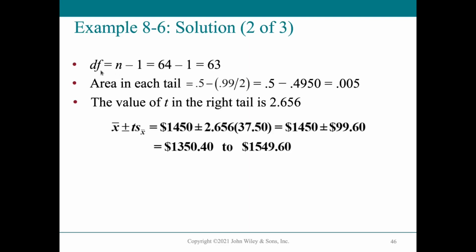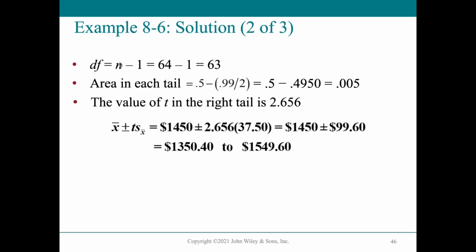Now for the t value. We are at 99% confidence, so 1 minus 0.99 is 0.01. Divided by 2, you get 0.005. That's the area beneath the leftmost tail and the rightmost tail. Using the table, we get the t value at 0.005 area, given that the degree of freedom here is 63.